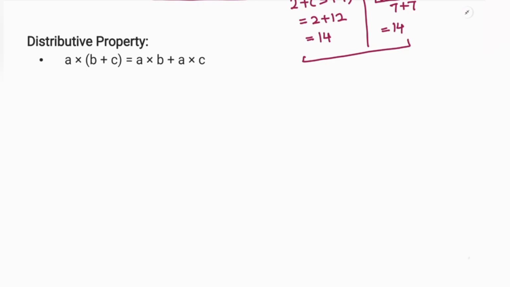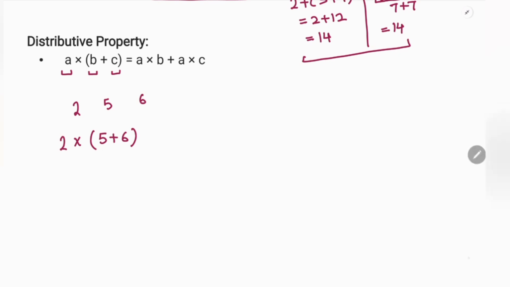Suppose I will take an example. It is taking three numbers a, b and c. I will take three numbers 2, 5 and suppose I took 6. If I write 2 multiply 5 plus 6, this is how we open brackets as well, as we learned in algebra.